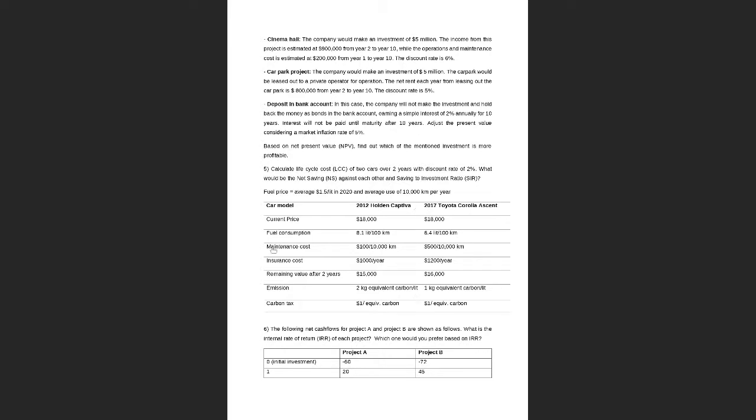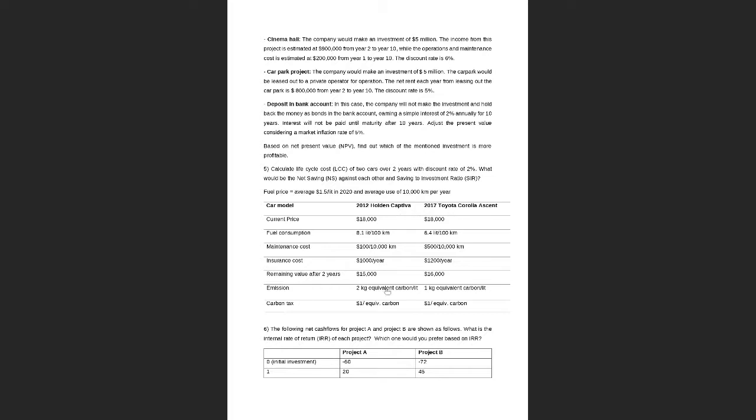Question number 5. Calculate life cycle cost of two cars over 2 years with discount rate of 2%. What would be the net savings against each other and saving to investment ratio? So two car models are given to us, 2012 Holden and 2017 Toyota.